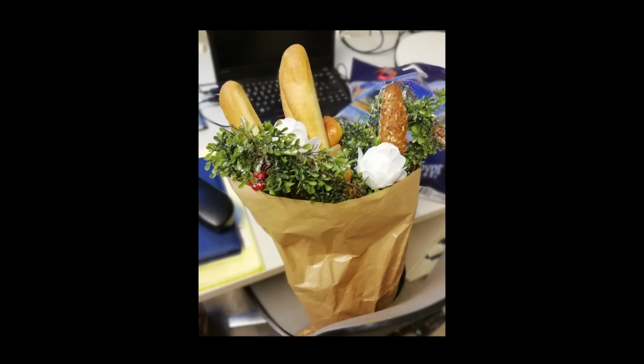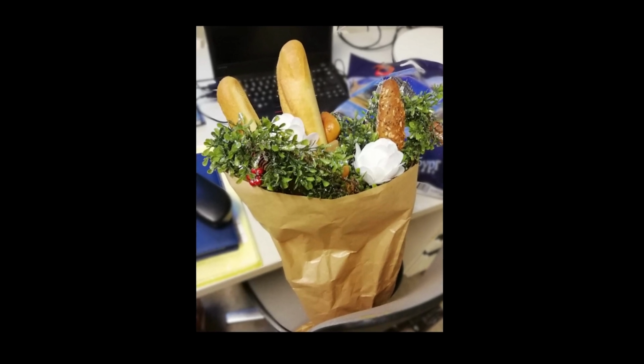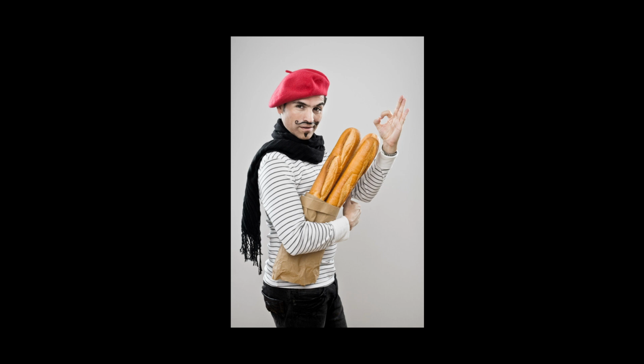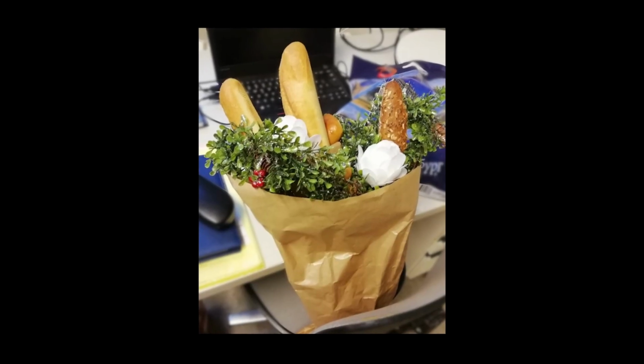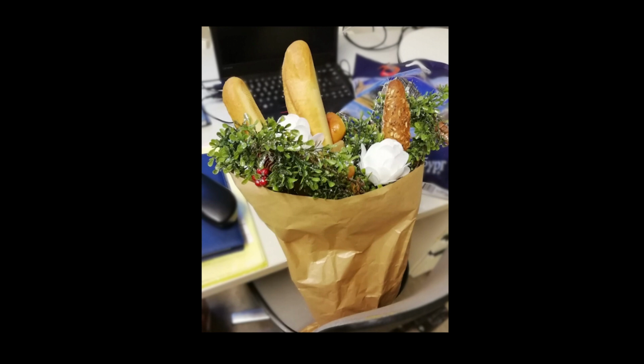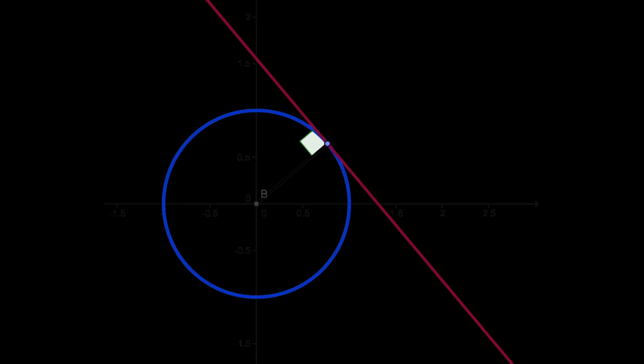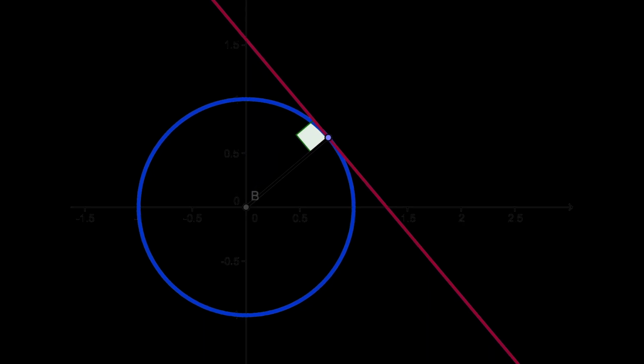Alright, so number 3 then. This is a baguette bouquet, and this is more of a wholesome picture. Also kinda cool to look at, I guess. The backstory here is that I was making a bouquet for my teacher, and I wanted to be kinda original, so I made it out of baguettes. The funny part is that I was making the bouquet right before school, so I was 10 minutes late to the celebration.